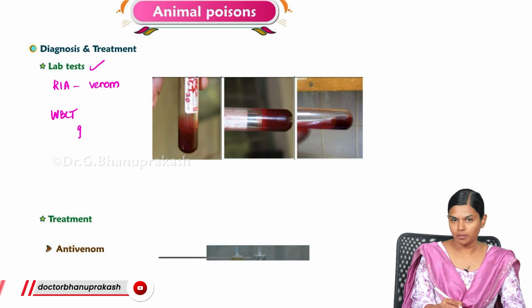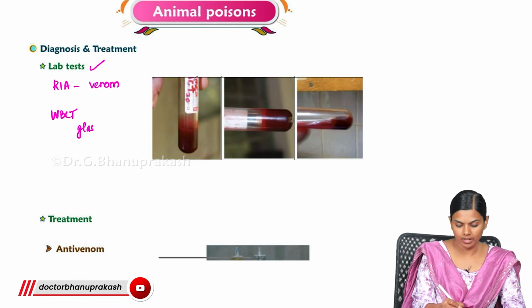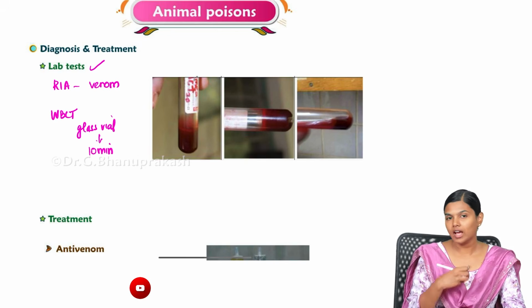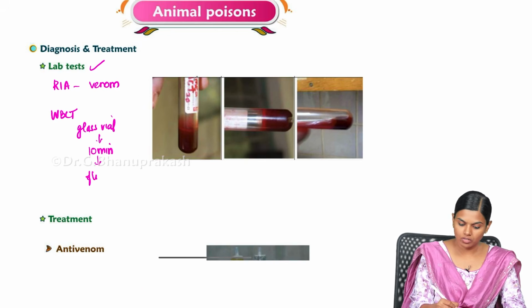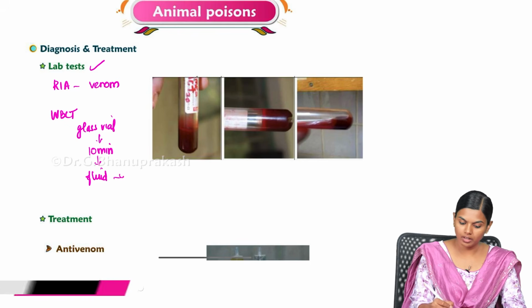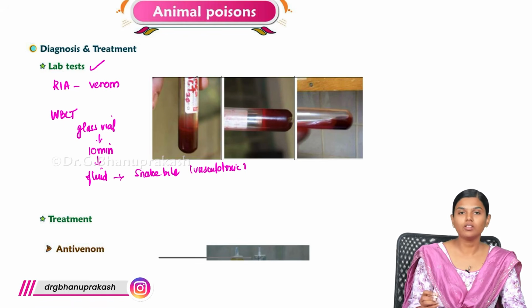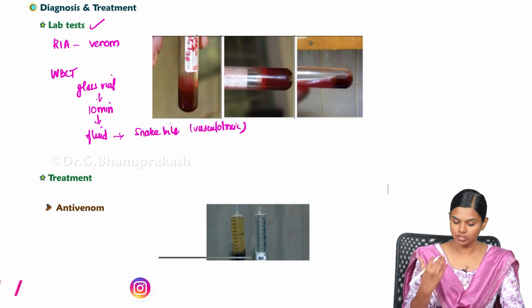So you will take blood in a glass vial and you will leave it just like that for 10 minutes, without disturbing it. And even after 10 minutes, if it is fluid, then it proves there is a snake bite, that too vasculotoxic snake bite. So this is how you will diagnose vasculotoxic.